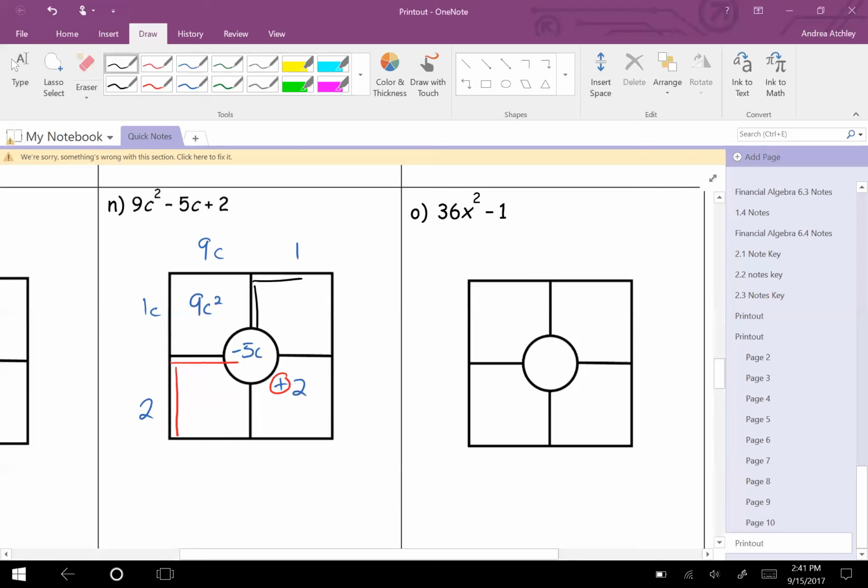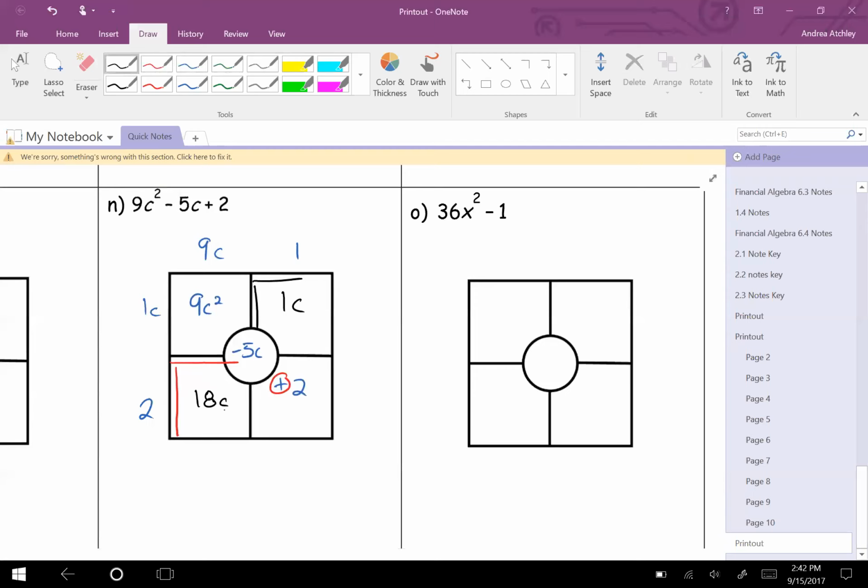Okay, 1 times 1 is what? 1c. 9 times 2 is 18. Goodness. Didn't work again. Do those add to -5? No.